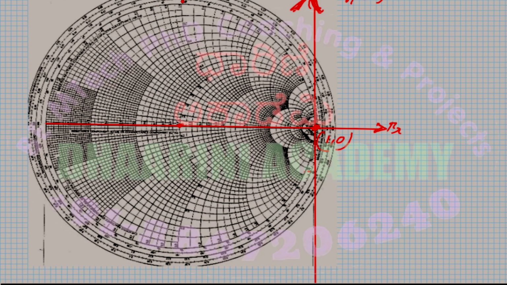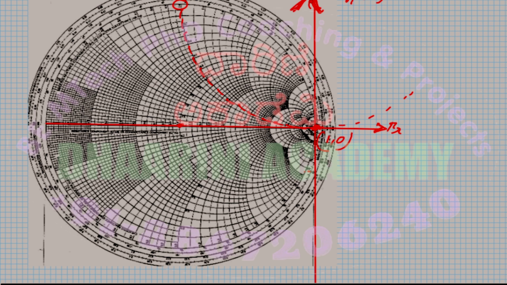Okay, so this is the point. This is the 1. So this is the curve which we are trying to plot. It's only a part of the circle that I can see. Actually this continues like this, but since it is not on our Smith chart, we are not drawing that. Okay, so we can complete a circle.